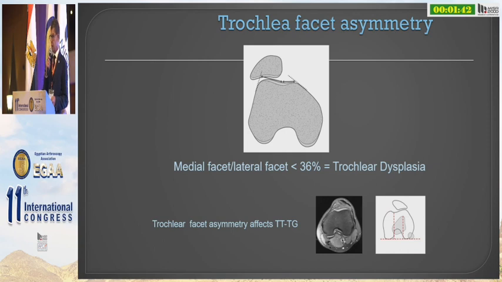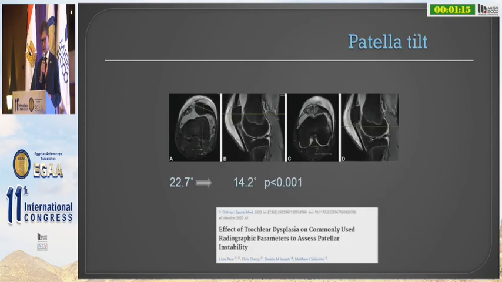Then there's the facet asymmetry, and the important thing about the facet asymmetry is that it affects the TTTG. Some of you might use the TTTG as a guide for medialization of the tibial tubercle, but in most cases it's actually due to medialization of the trochlear groove, and I will come back to that later in my next presentation.